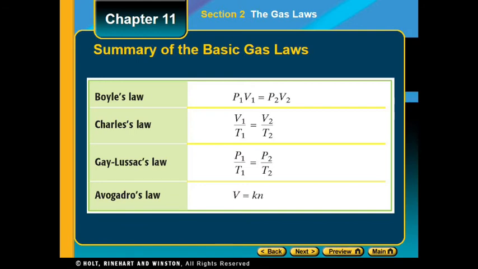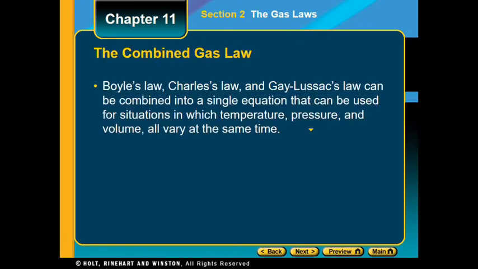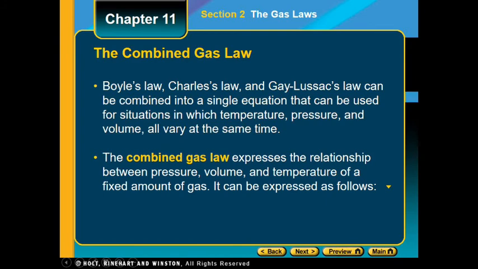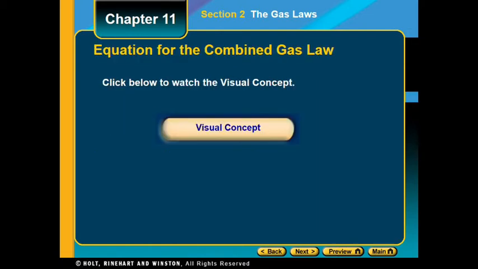But now we're going to take Boyle's, Charles', and Gay-Lussac's law and combine them into what we call the combined gas law. So this is the 4th gas law that you're learning in this section. We're going to take the P, the V, and the T and combine it. So an initial and final condition with all 3 variables that we've worked with so far.